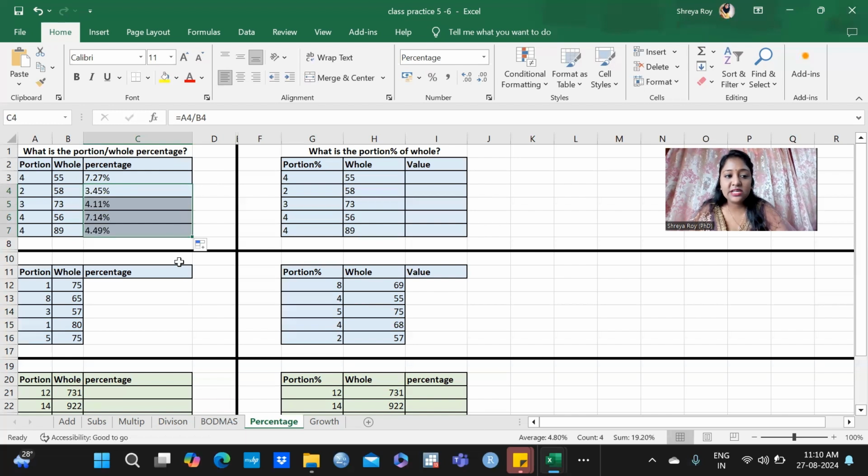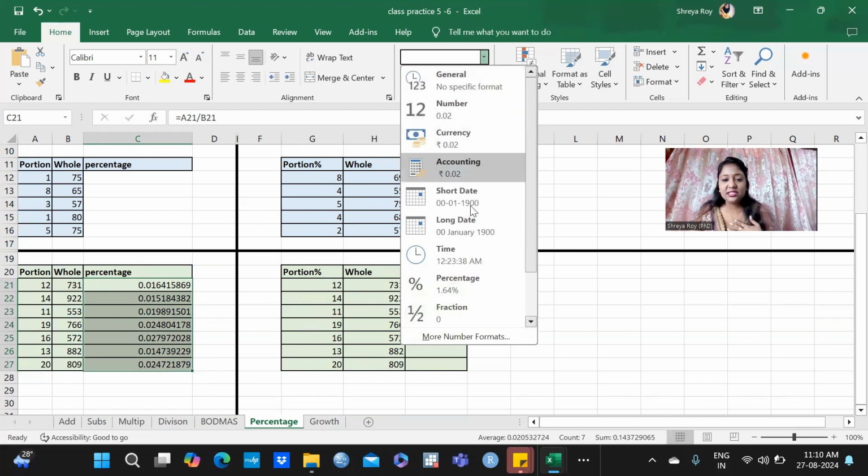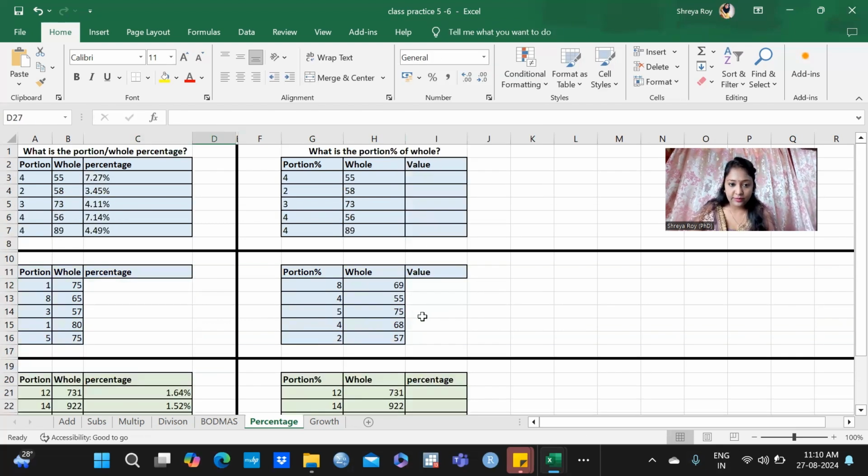Okay, so now we have 7.27%, 3.45%, so on and so forth. Again, I am assuming this did not create any confusion or errors because it is pretty simple. So what I like to do is complete the entire column and then select it and in a single go change it to percent. So you do not have to do it manually all the time.